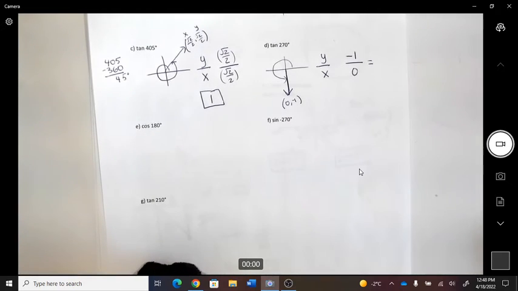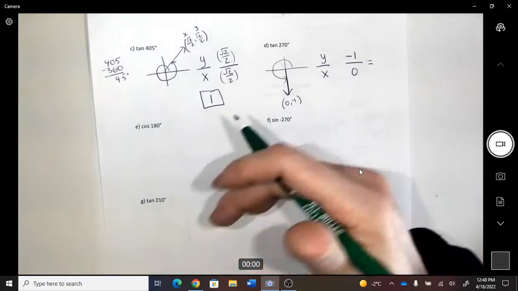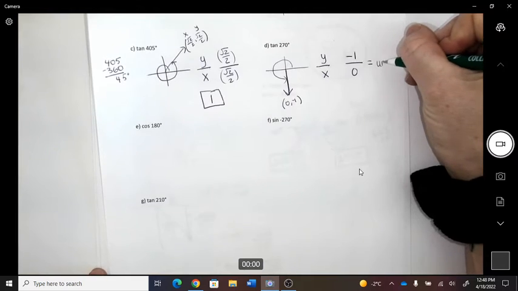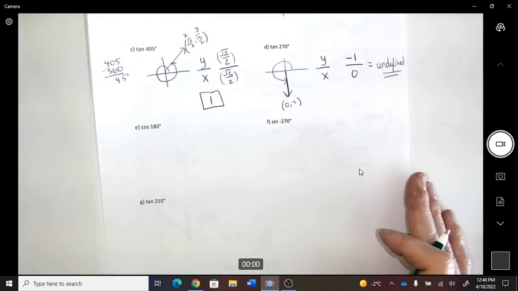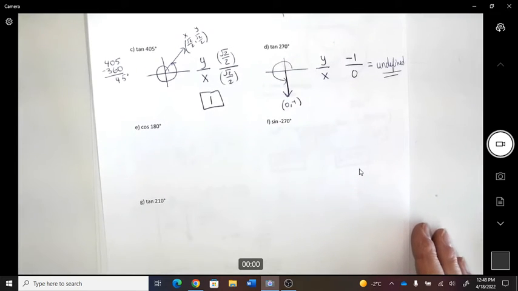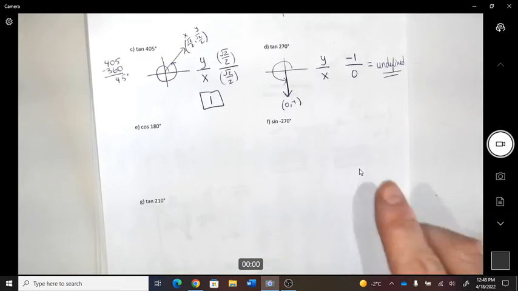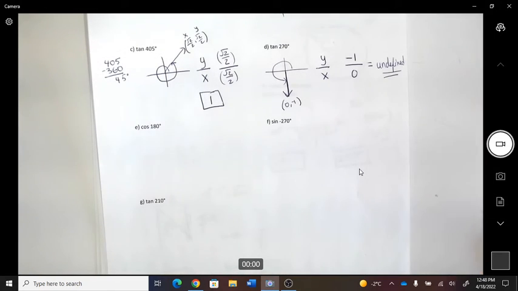Okay, you do not have a calculator. What's going on in math when you divide by 0? It doesn't work. So the number is undefined. Okay? It's not a no solution because I'm not solving for anything. When you're trying to solve for something and it doesn't work out, it's a no solution. If I'm trying to tell you a number and the number doesn't work out, it's an undefined number.